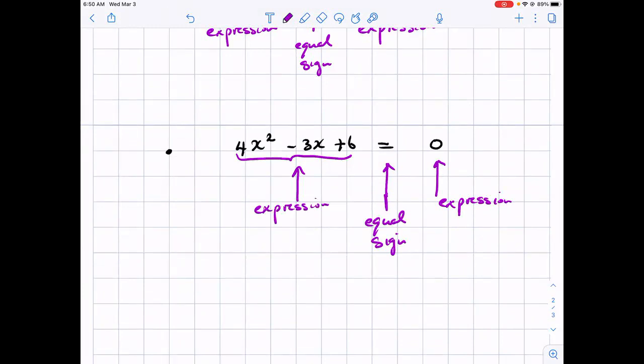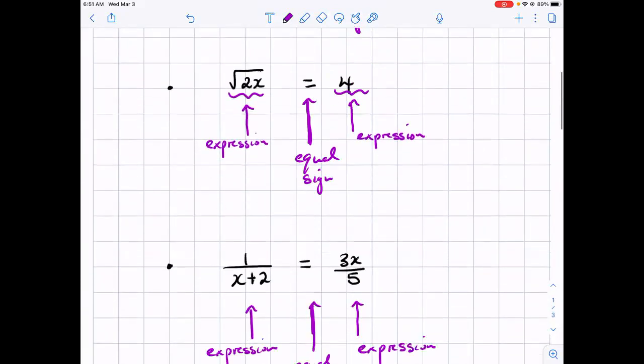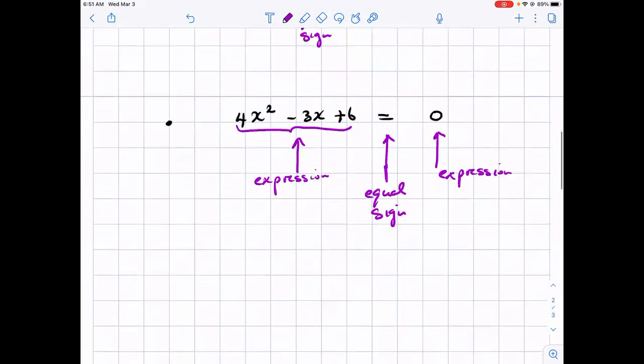It doesn't physically have to be equal to a number, but it has to be equal to something. And 0 is also an expression. So keep in mind that that's quite possible when it's equal to 0. And you will see later on, specifically with quadratics, that in order to solve them, generally they should be equal to 0.